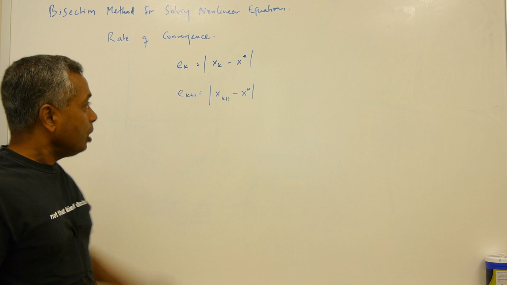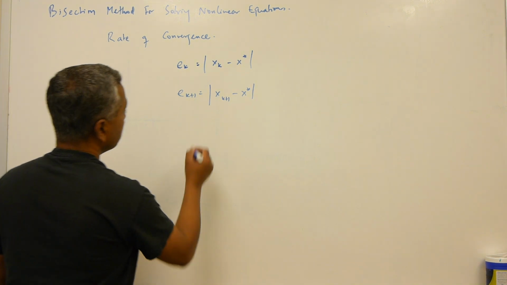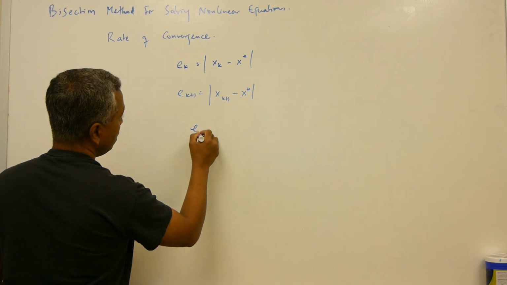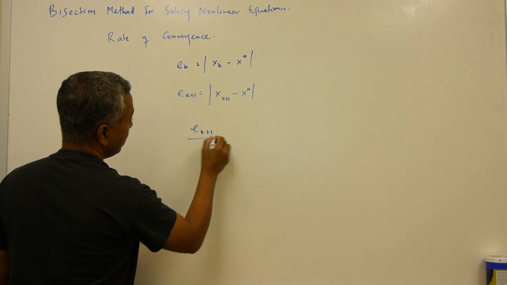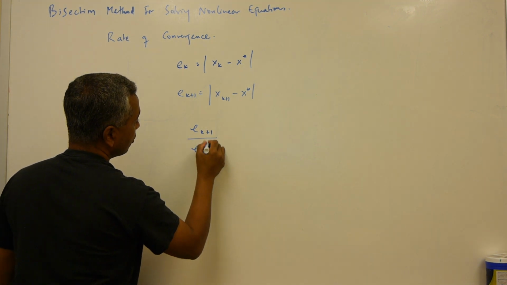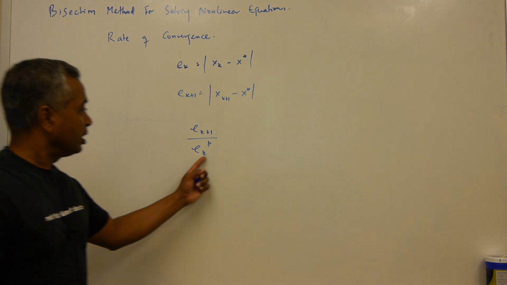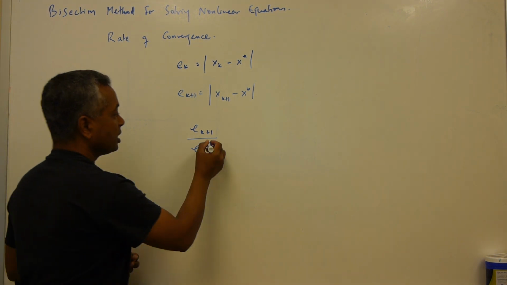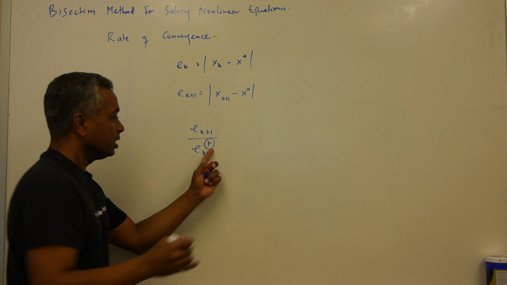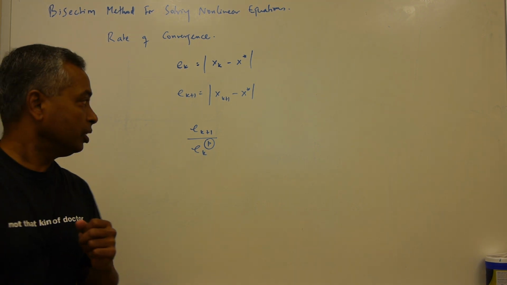Now I can start to look at ek plus 1 divided by ek to the power of p. So that's the pth power. I don't know what p is at this point. This is the critical question that we will answer.